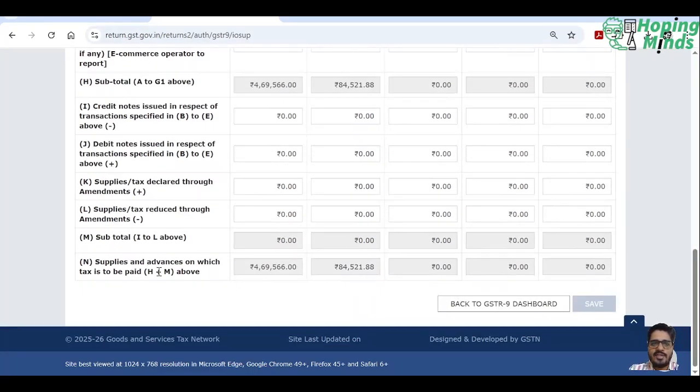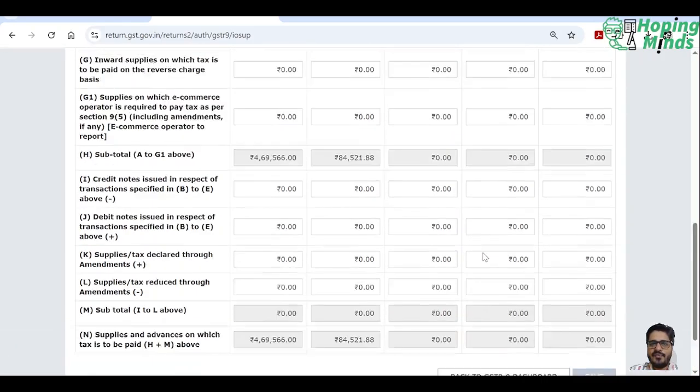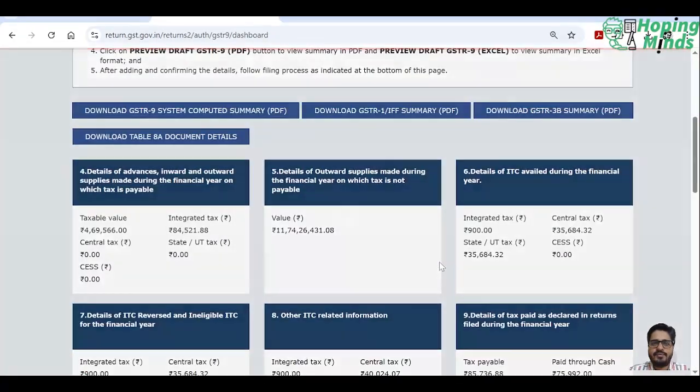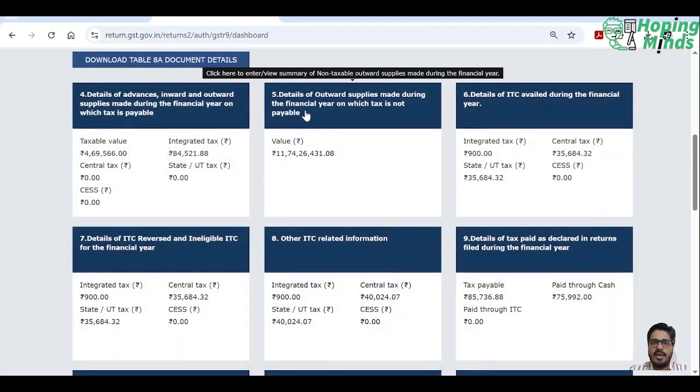So supplies and advances on which tax is to be paid. This was the amount on which tax is to be paid during the financial year. Then details of outward supplies made during the financial year on which tax is not payable, that is exempt, nil rated or zero rated.